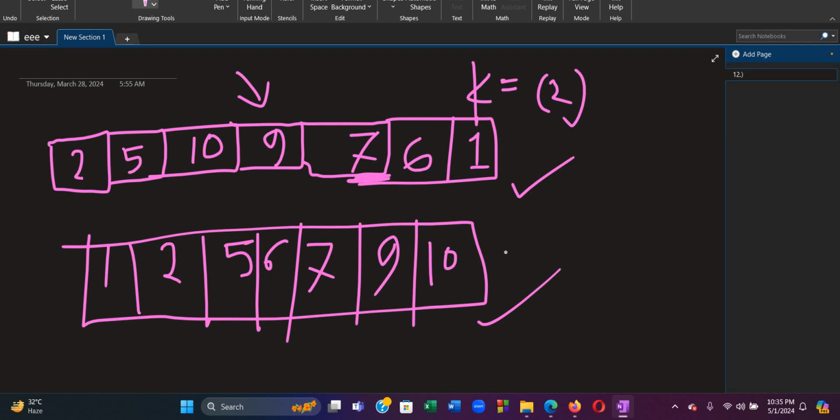You would sort the array, and then you would simply traverse the array and check each and every position to see whether the absolute difference of the adjacent elements is less than or equal to k or not.